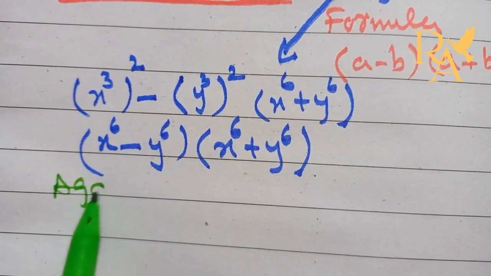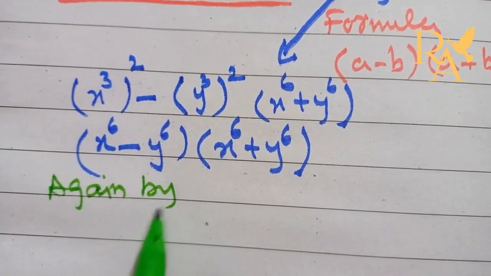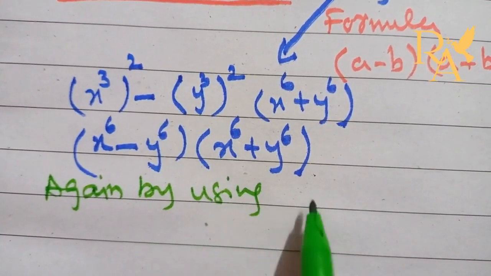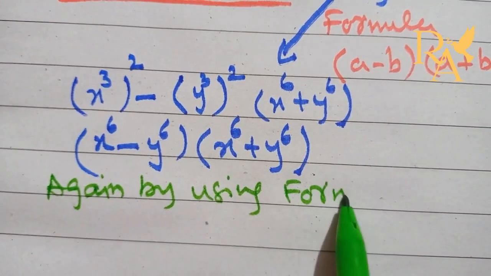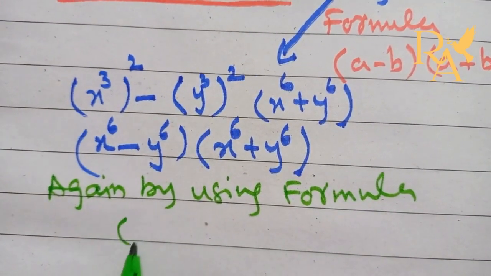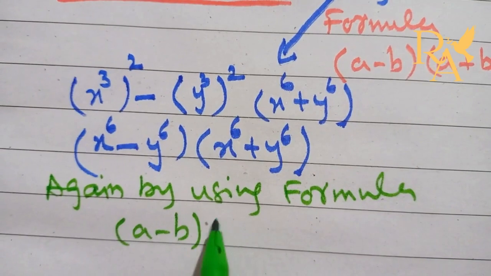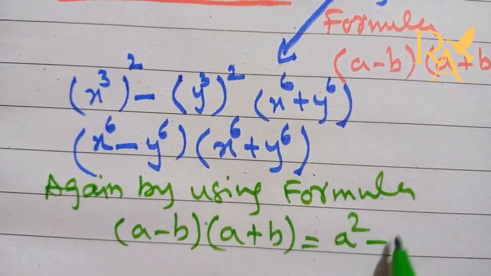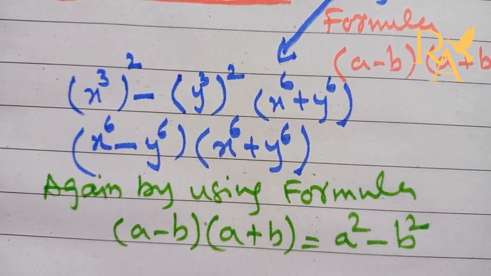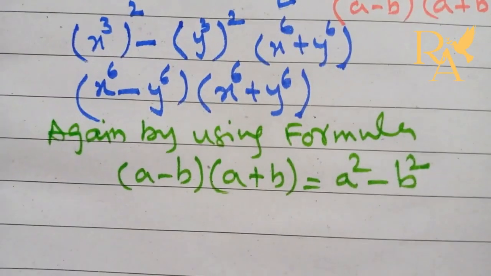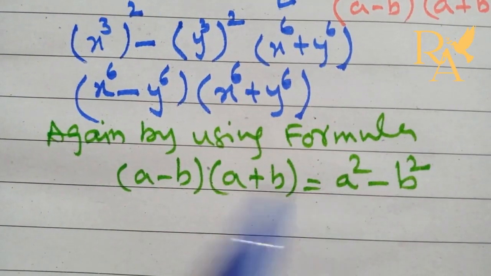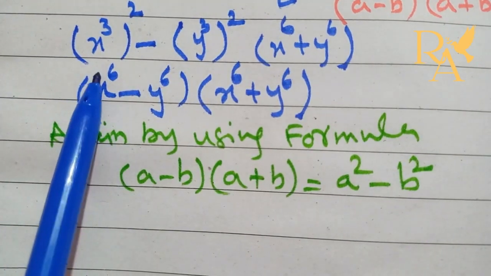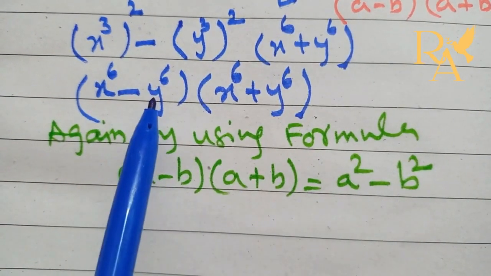Again, by using the formula a minus b, a plus b is equal to a square minus b square. So here the value of a is x power 6 and the value of b is y power 6.